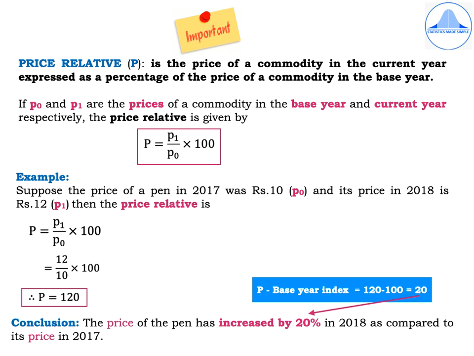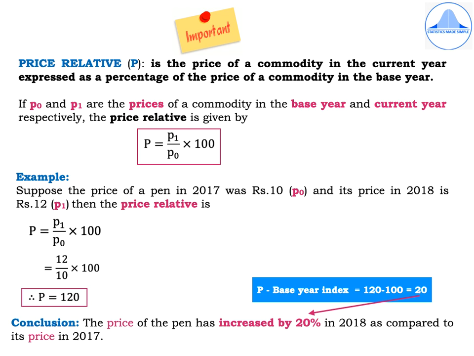Price relative is denoted by capital P and it is the price of a commodity in the current year expressed as a percentage of the price of a commodity in the base year.